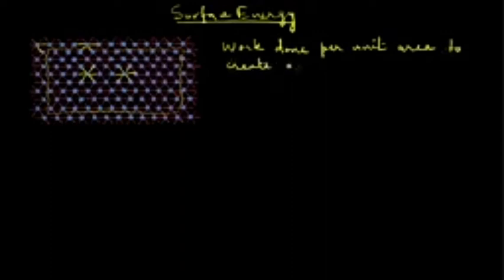The energy that you spend in breaking bonds is the extra energy associated with these surface atoms. So surface energy is defined as the work done, or energy spent, per unit area to create a fresh new surface in the material. That is how you define surface energy.